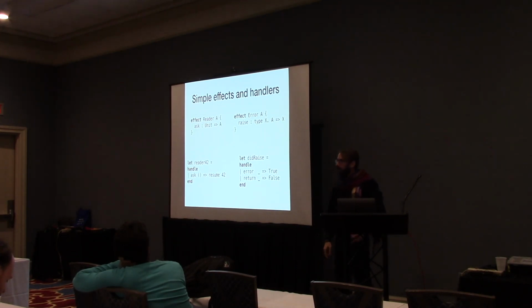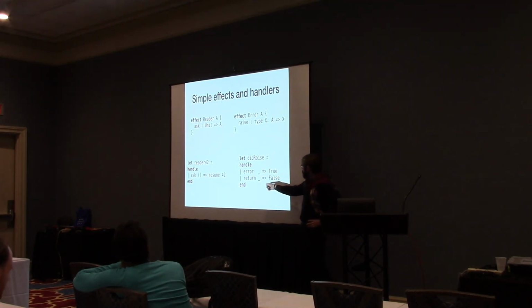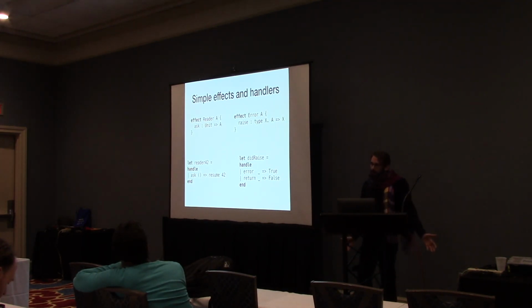It's an empty type. But what we can do is check whether an error was raised, right? So if an error was raised, we return true, and if an error wasn't raised, we return false. So in a way, these effect handlers are simply generalizations in a very, very strong way of standard handlers for exceptions, right?